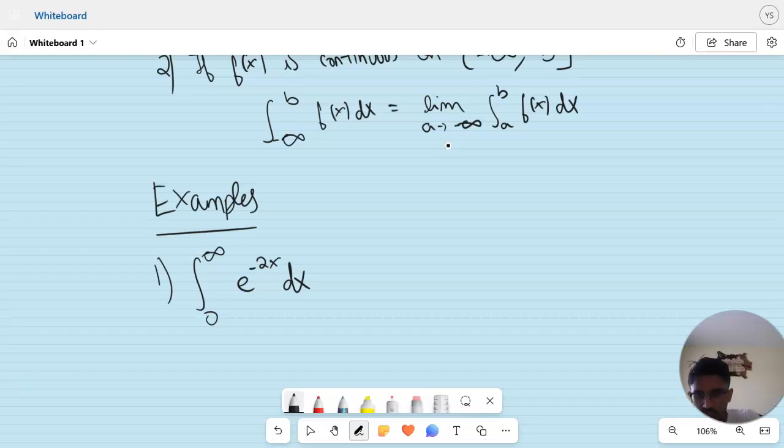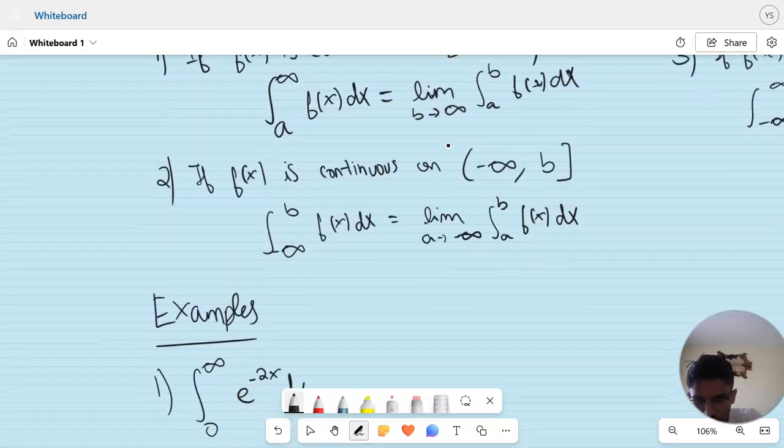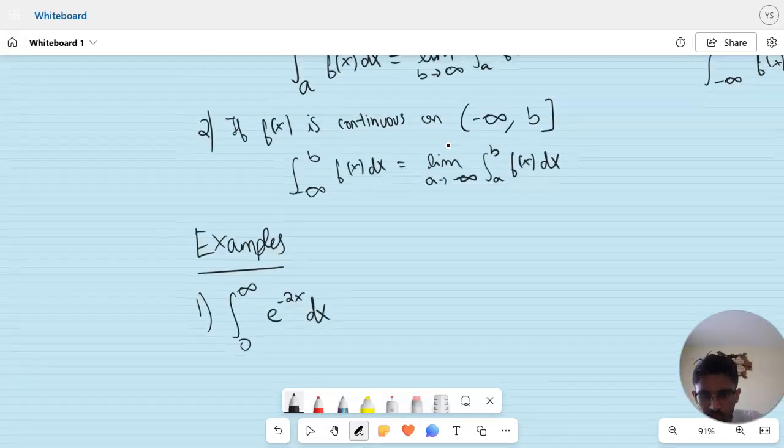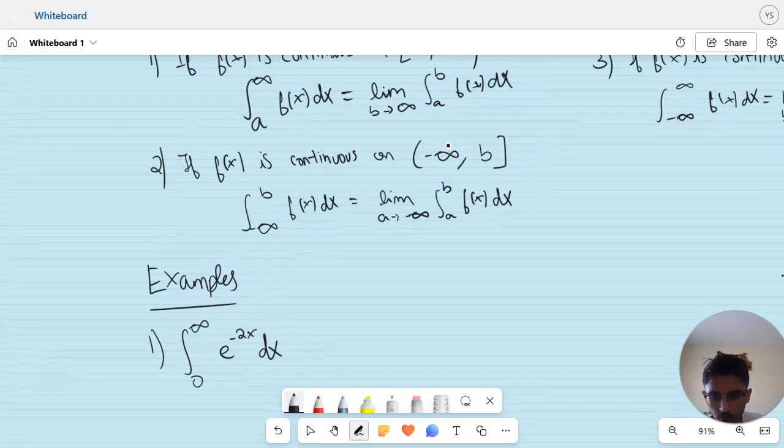First step is recognizing that it matches the first formula. As you can see, it's a definite integral from a number to infinity. Next step is to look at what our formula says.